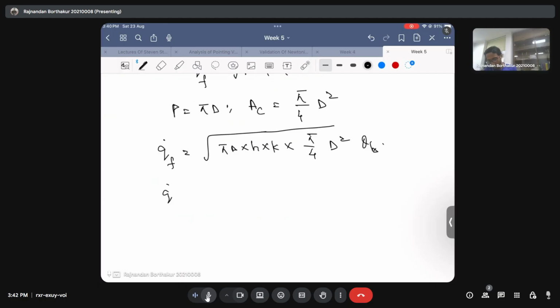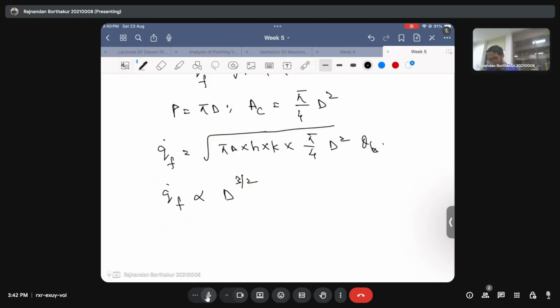You can see that Q dot f is proportional to d to the power 3 by 2. That is simply because there's a d squared and a square root here, which will produce a dependency of d to the power 3 by 2, and the rest you can just dump into the constant.